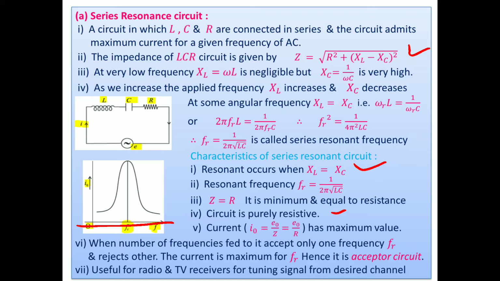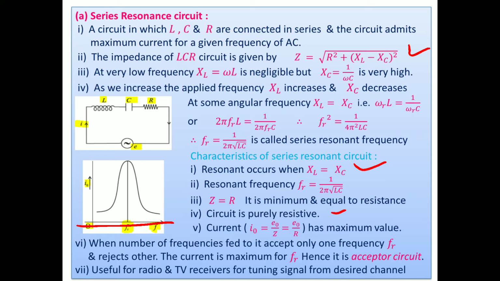Hence, it is called the acceptor circuit because it accepts the resonant frequency, and for that frequency the current is maximum.